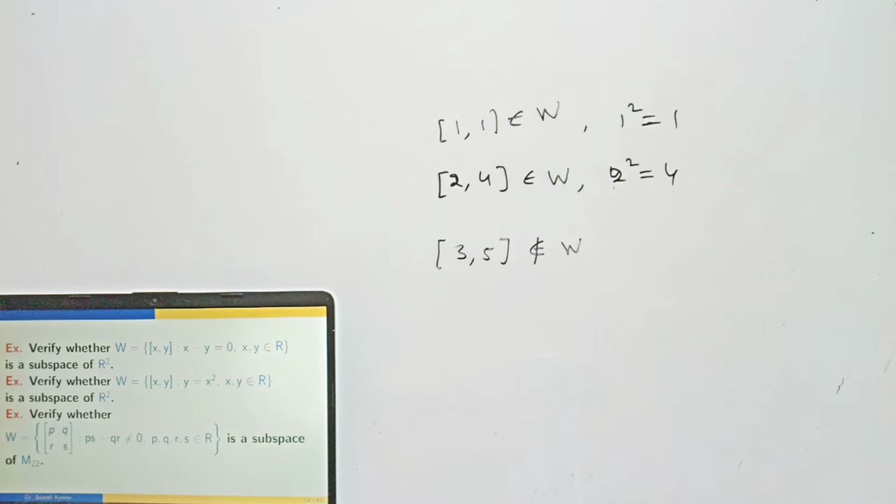Is it a subspace of M22? M22 means the vector space of all matrices of order 2 cross 2. In this case, the matrices with determinant non-zero are collected. Non-singular 2 cross 2 matrices are collected in W. Is it a subspace of M22?